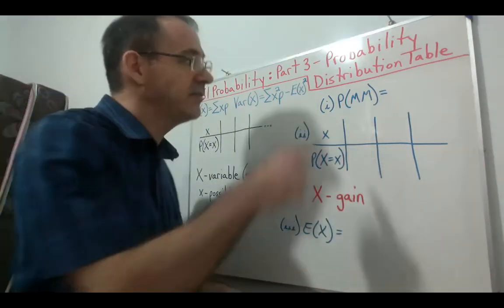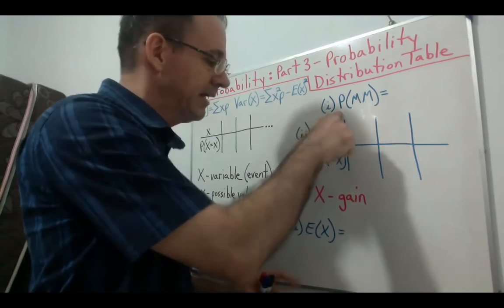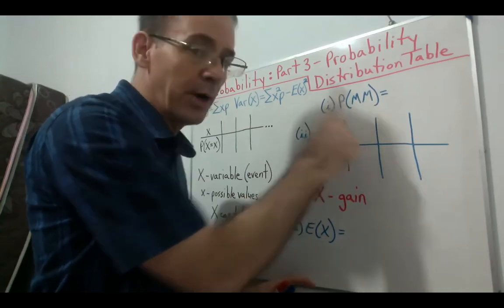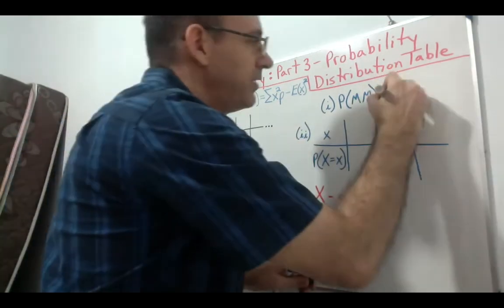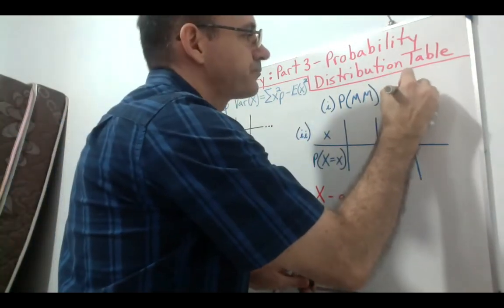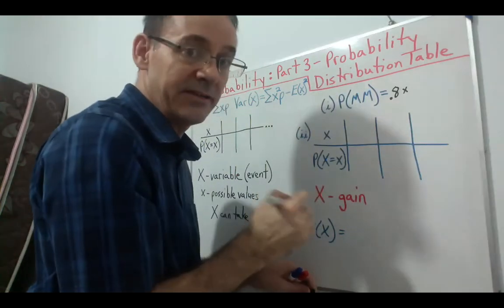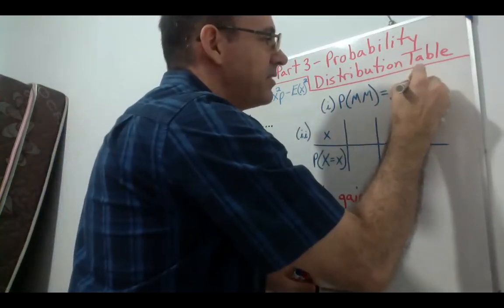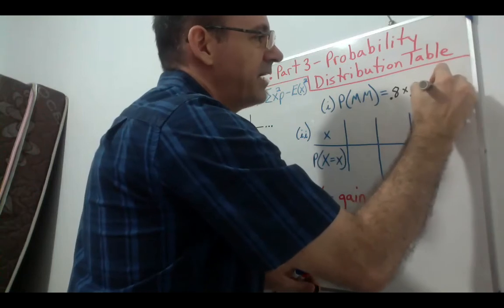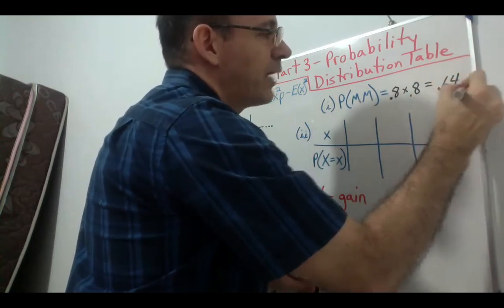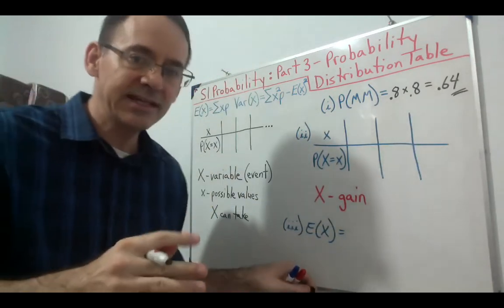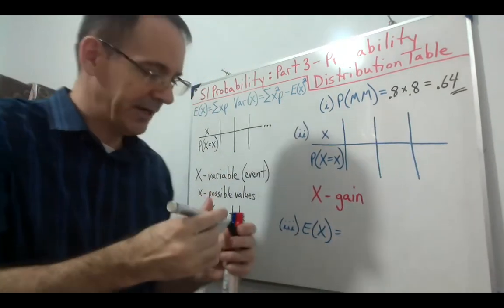So what we're really looking for is the probability that she misses the bell both times. And so the probability of missing the bell once is 0.8 times the probability of missing the bell again is another 0.8. And so that's how we get our 0.64 as our probability of losing the dollar, okay?